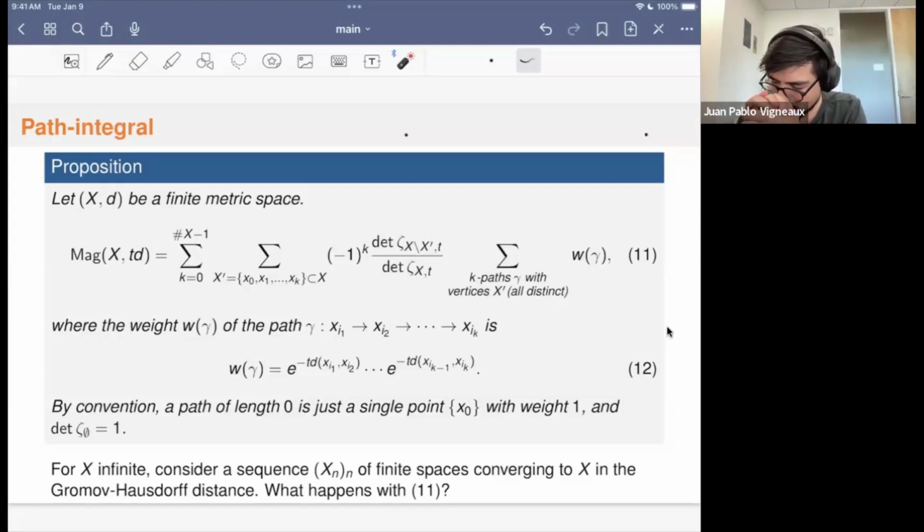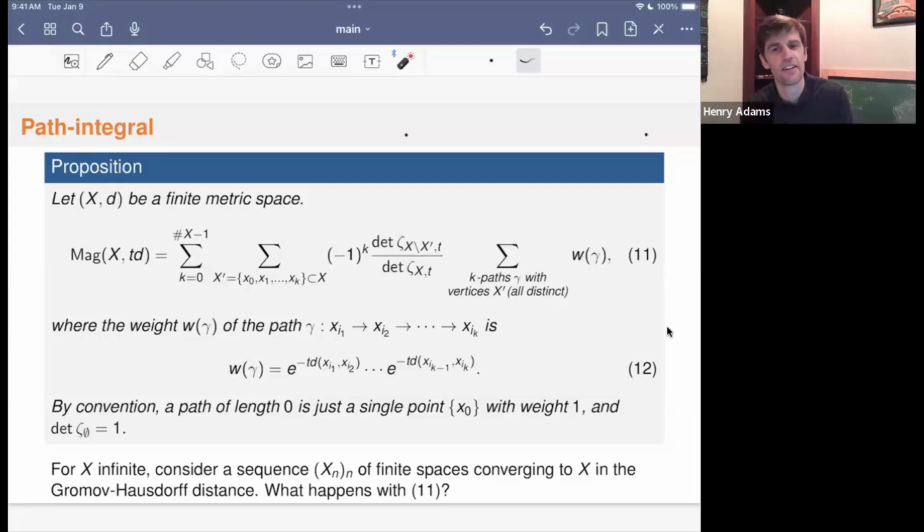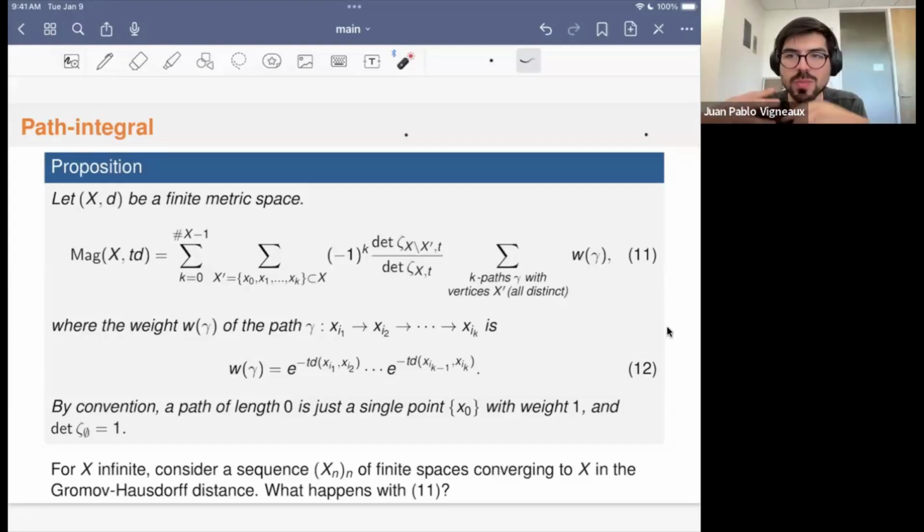Now, this gives an isometric invariant of metric spaces. But then the question is, what happens with infinite metric spaces? Normally, we're interested in them. So in some cases, when you have what are called metric spaces of negative type, which means that this theta function is a positive definite matrix, a counterintuitive nomenclature, you can indeed define the magnitude of the infinite metric space as a limit of magnitudes of finite subspaces that converge to it in the Gromov-Hausdorff distance.